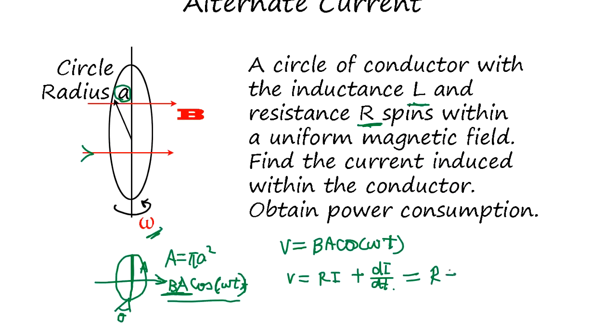It's going to be R plus j omega L. The j is the imaginary number, indicating the phase shift.